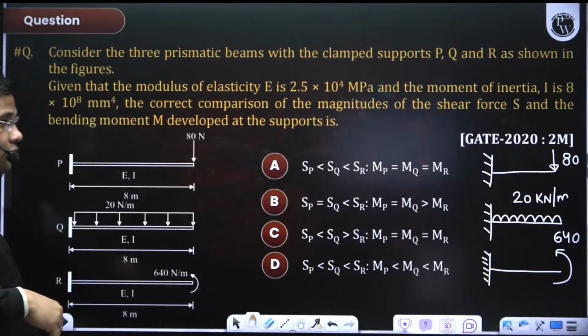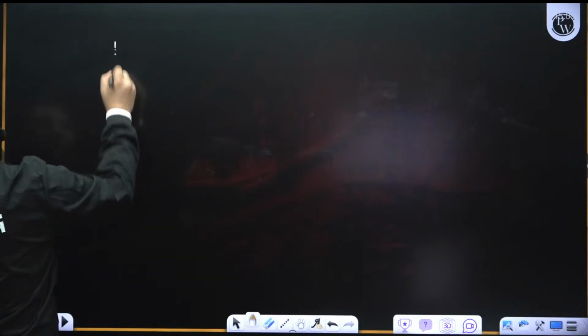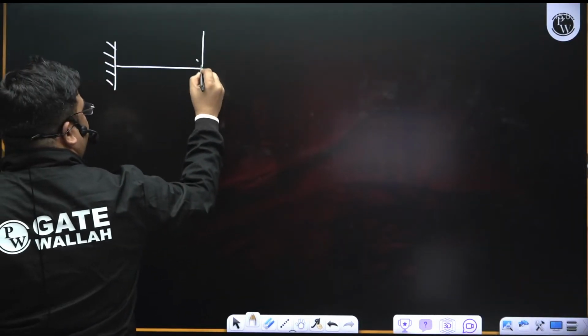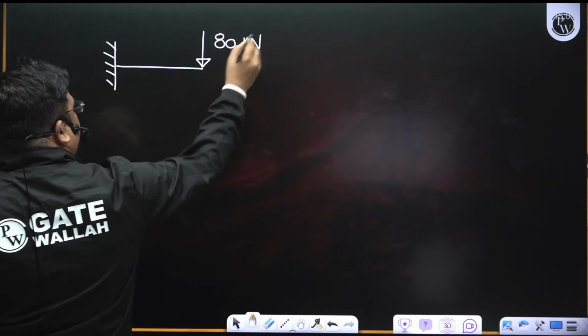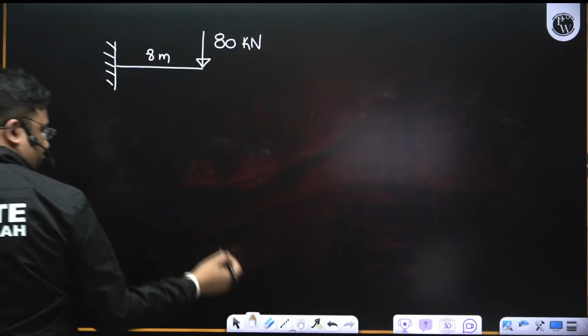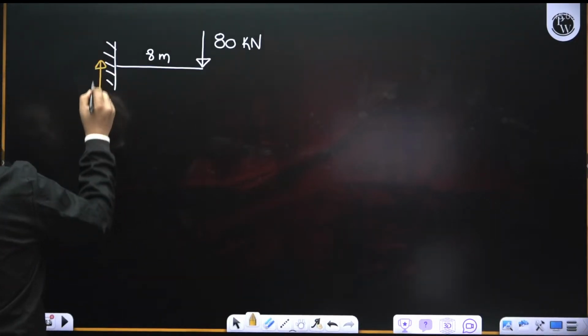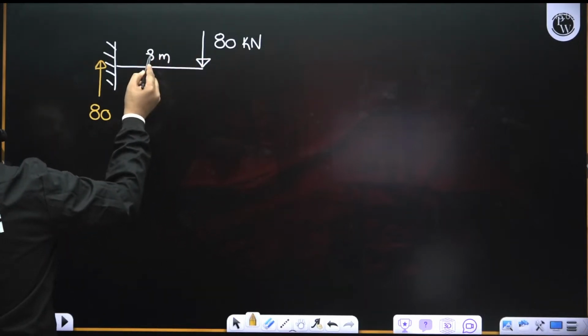For this, we need to know the reaction at the supports, right? If you see the first one, for P, this is 80 kilonewton, and this length is 8 meter. So what will be the reaction force here? 80 only to balance that. And you see this moment generated will be 80 into 8, 640.